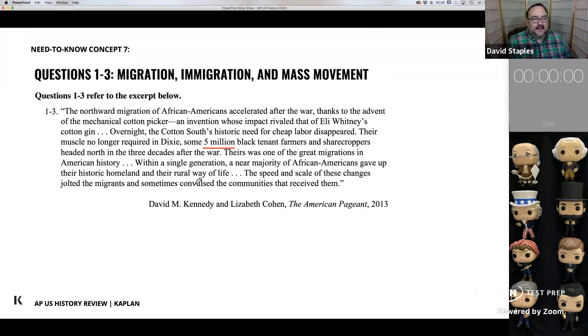Just think about the size today, cities that would be among the largest cities in the United States basically relocating somewhere else. Just imagine the difference that created in both the South, where these people were leaving, and in the big cities that they were going to. That is a colossal movement.